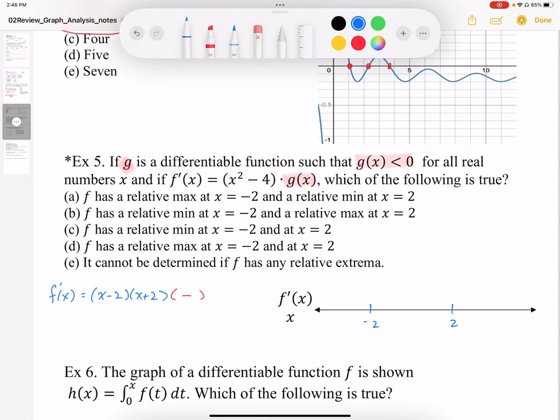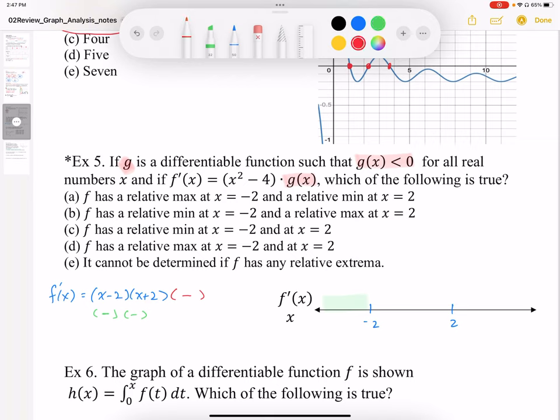So when x is less than negative 2, I'm just going to shade this region. Here, x is less than negative 2. What that means is that this factor is going to be negative. A number smaller than negative 2, plus 2, is still going to be negative.